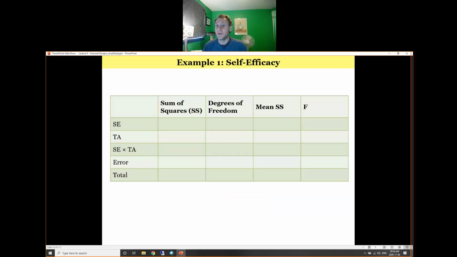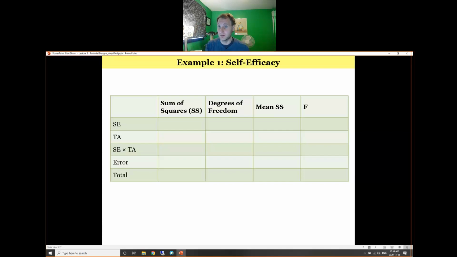As before, we need to organize our results into a source table, except now our source table has a few more rows to it. Whereas before we just had group, right? The variable that we manipulated, which group were you in? If it was plants listening to music, it was rock, classical, rap, control, something like that. But here we have 2 groups now, right?